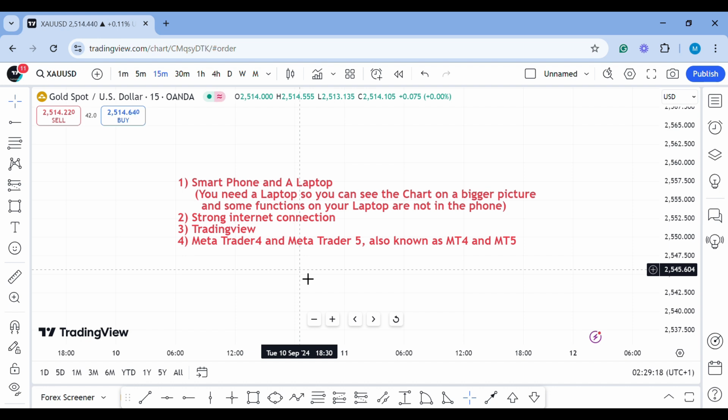Wait for your broker. Your broker will give you a reliable MT4 and a reliable MT5. But for your phone, you can download MT4 and MT5, one MT4 and one MT5, on either iOS or Android.